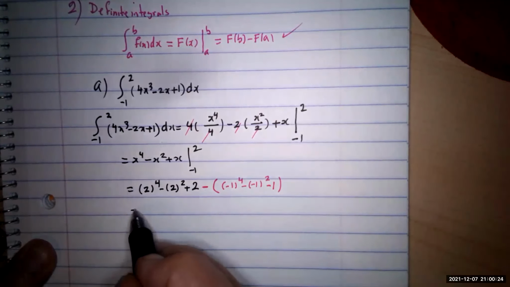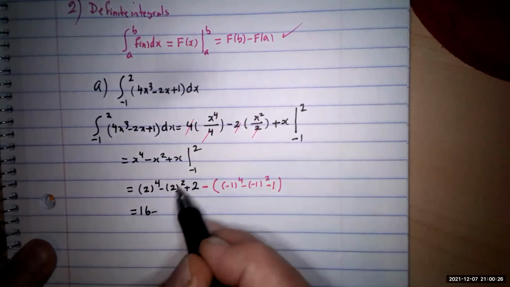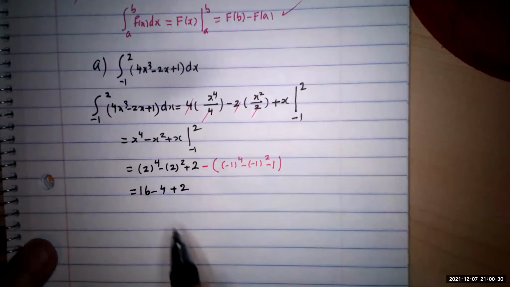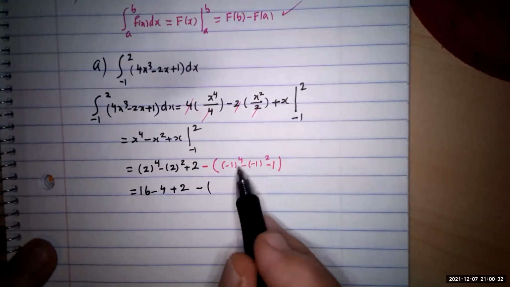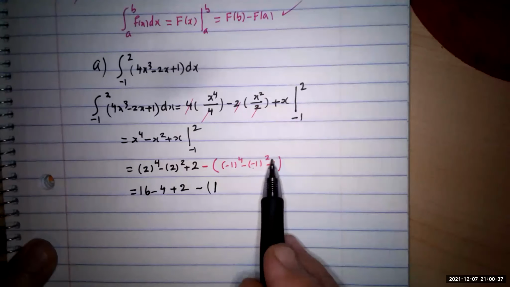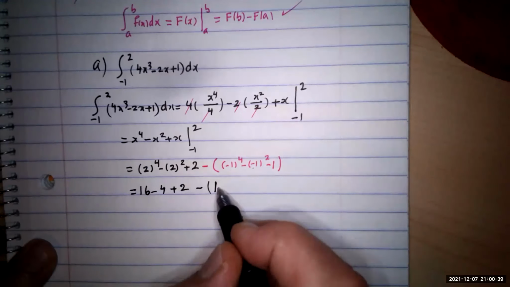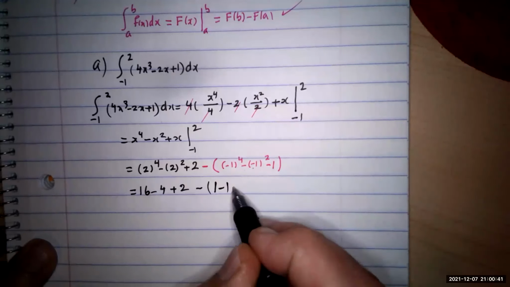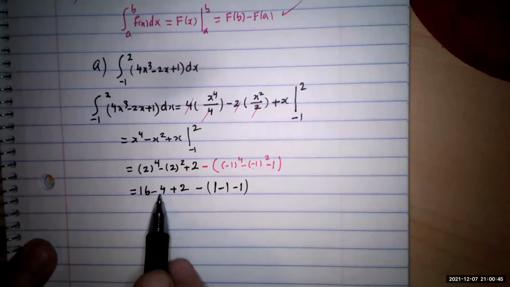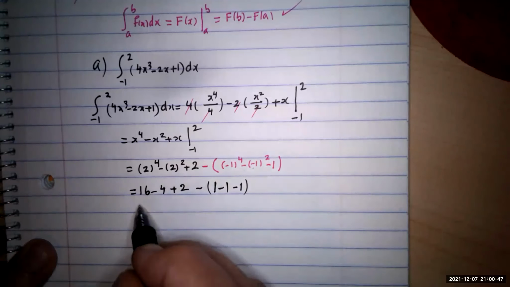Simplify: 2 to the 4th is 16, 2 squared is 4, plus 2. Inside, (-1) to the 4th is a positive 1. (-1) squared is a positive 1, but there is a negative here. Okay, and the -1. So this is it, that gives you 12, 14.